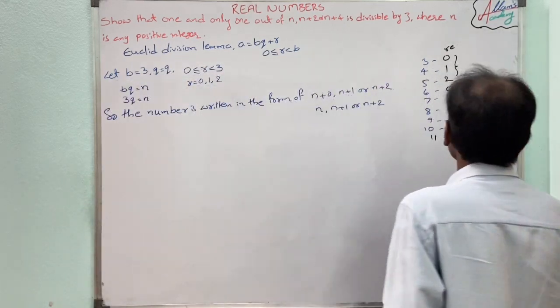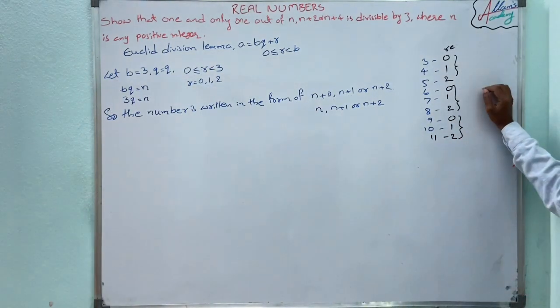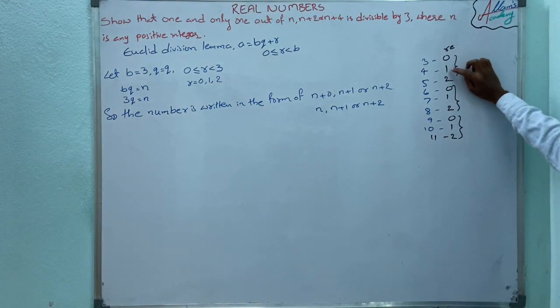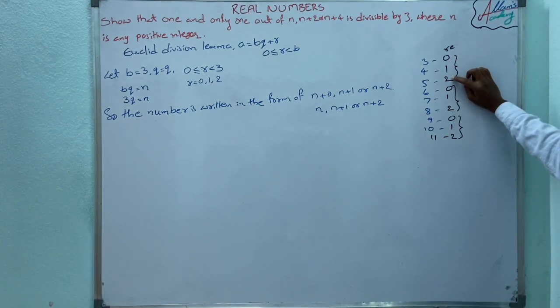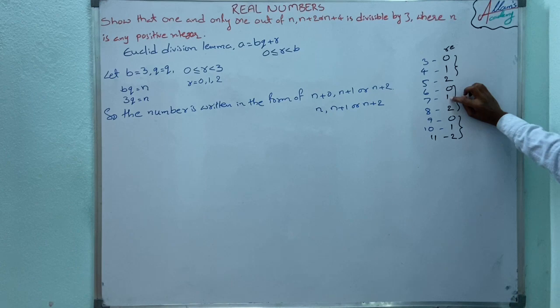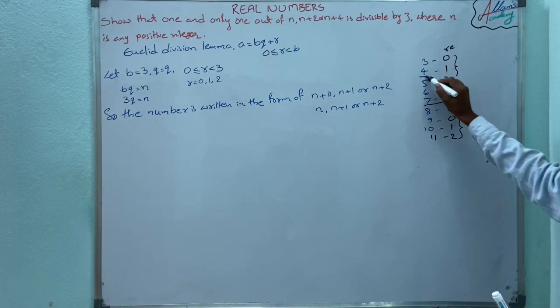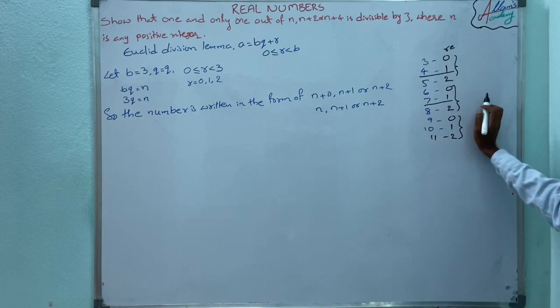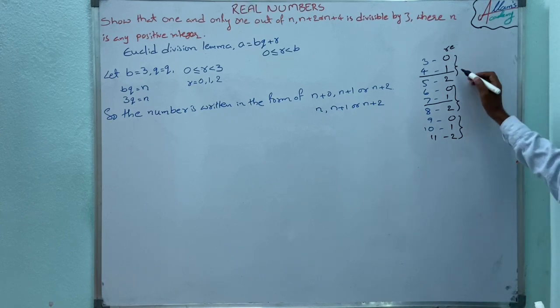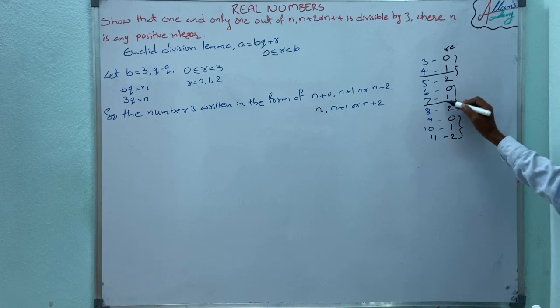So here, the remainder 0 is the first remainder, then second remainder, third remainder, fourth remainder. The fourth remainder and the first remainder both give the same answer. So in the place of 1, we can take 4.